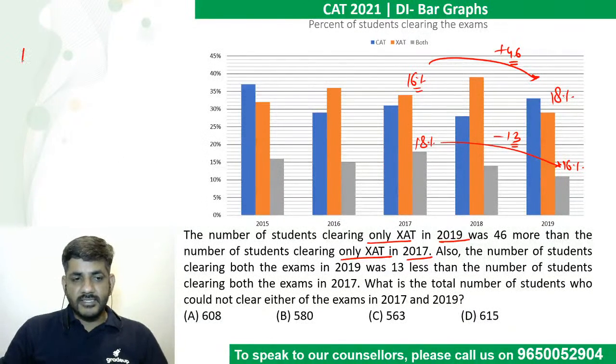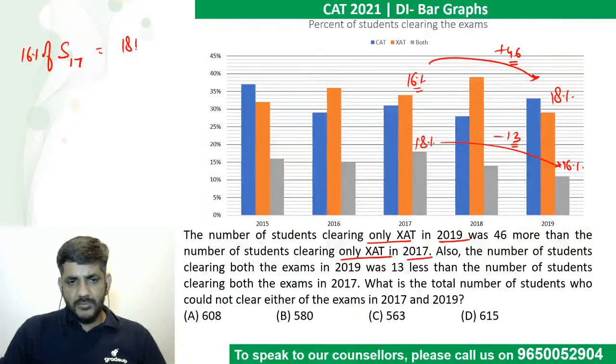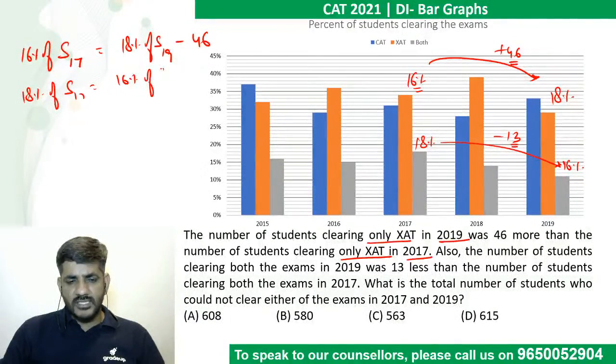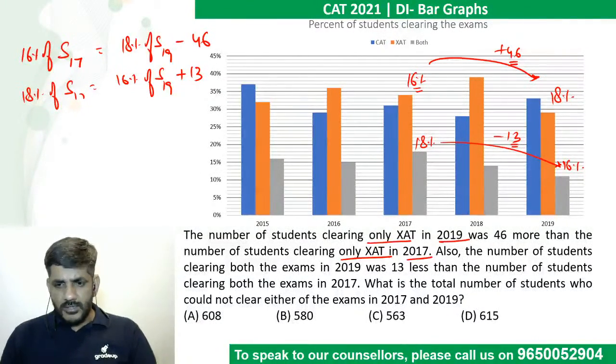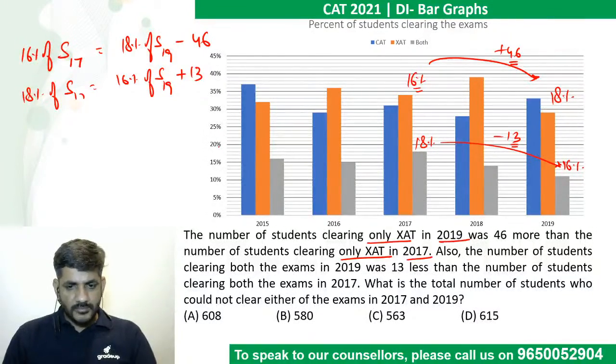So you can say 16% of the number of students in 17 is equal to 18% of the number of students in 19 minus 46, and 18% of the number of students in 17 is equal to 16% of the number of students in 19 plus 13. Right, this is plus 13. Okay, yes, Bharat also says no problem.